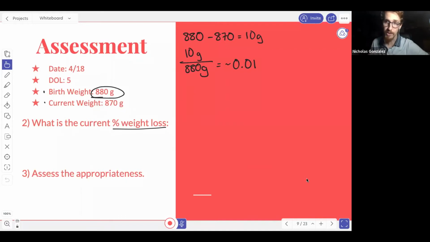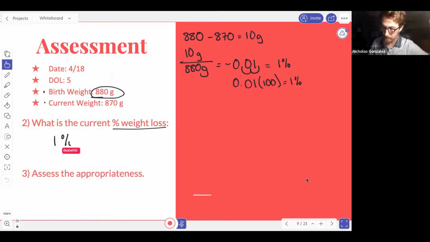If we were to convert that value to a percentage, we would just move the decimal over twice, and that would be 1%. Alternatively, you can multiply that times 100, and that would give you the 1% as well. So the current percent weight loss in this case is 1%.